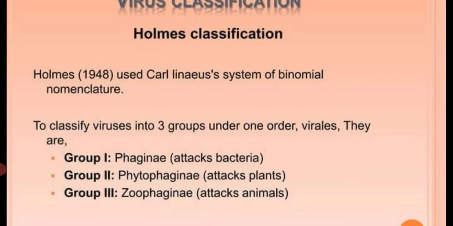Then the second suborder, that is Phytophagineae. Here Holmes classified all the plant viruses, and in the third suborder, that is Zoophagineae, Holmes classified all the animal viruses. For this classification, Holmes used Carl Linnaeus's binomial nomenclature system. Here two words are used for calling the name of a virus.